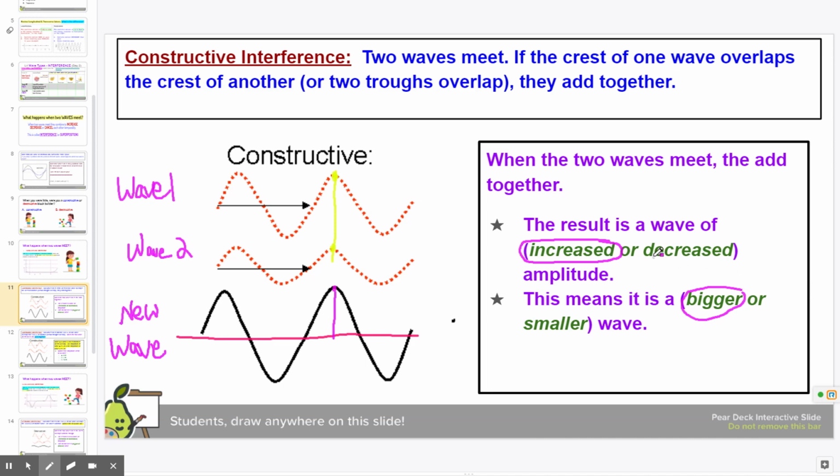So constructive interference is like a hill plus a hill making a mountain. All right, that's constructive. It's building something bigger.